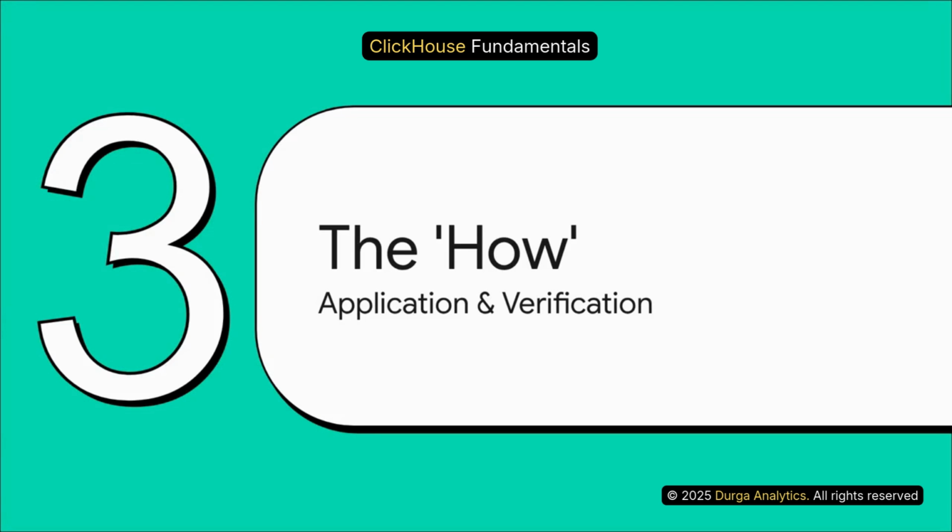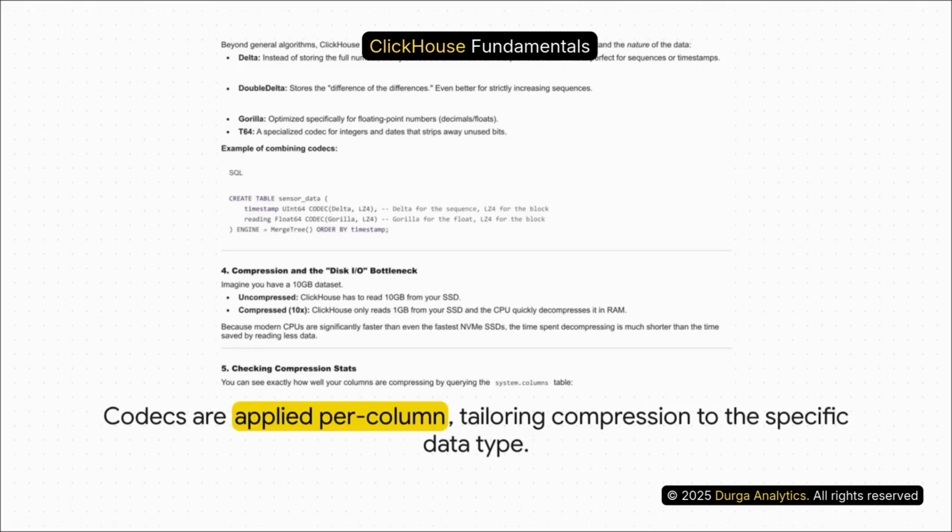Okay, so the theory is great, but theory alone isn't going to cut it in a real production environment. So let's look at how this all comes together in a practical, real-world table definition. And, just as importantly, how we can check that our choices are actually working. Take a look at this create table statement. We're not just picking one compression setting for the whole table, no way.